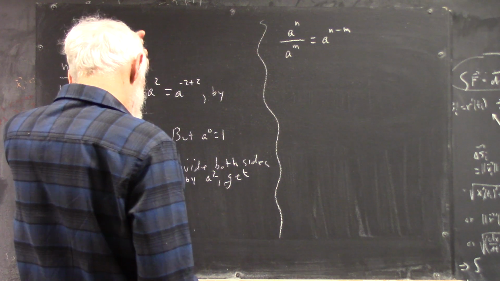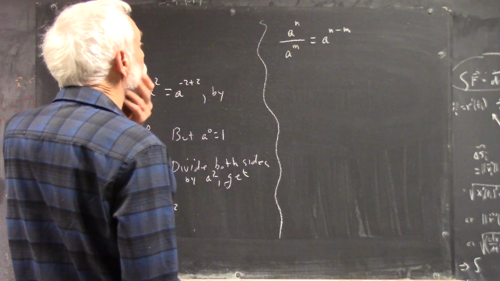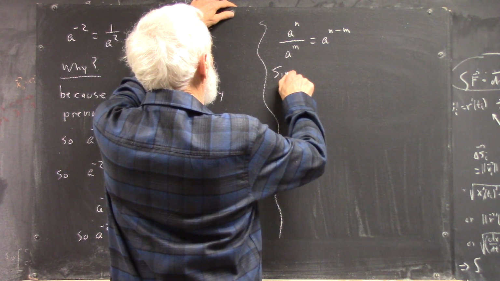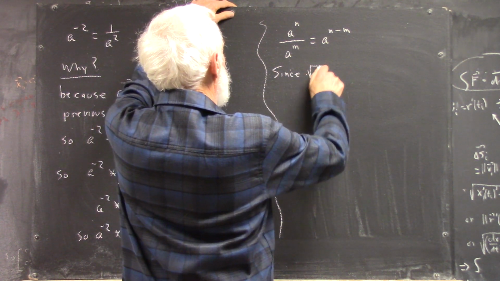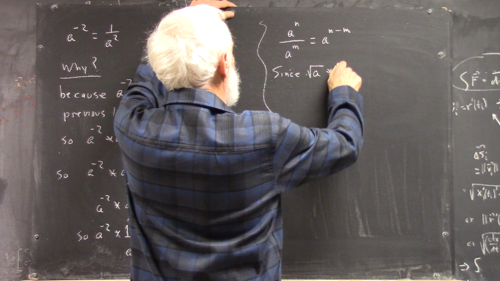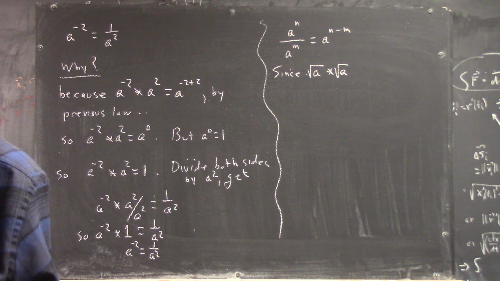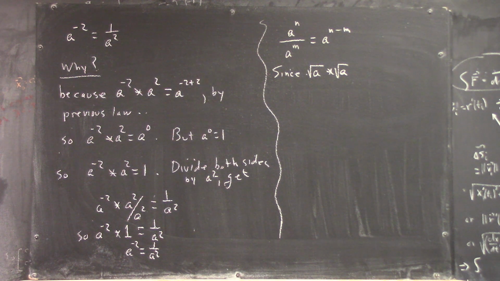And what's the square root of a times the square root of a? Think of a number. What's the square root of 25?